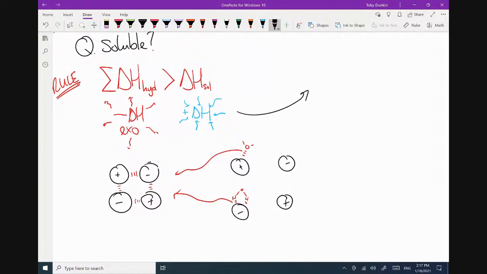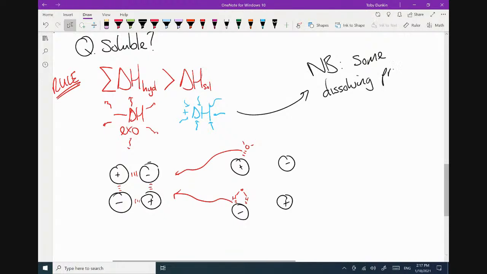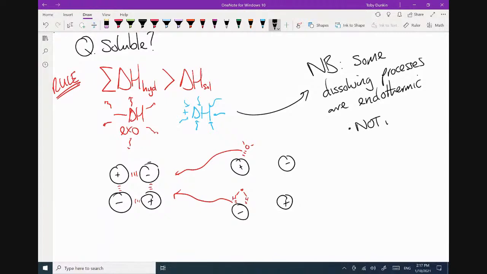As a result of this, you get another nota bene: some dissolving processes are endothermic. Not very endo, but endo.